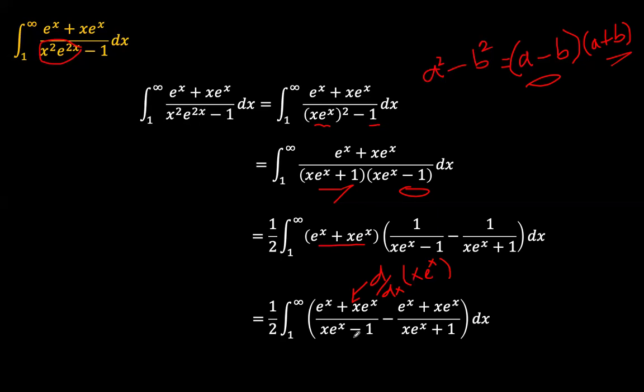But as we look at the denominator, we see that there's a difference here. There's a minus 1, and this is a constant. So this is the same as the derivative of x e to the power x minus 1. Same thing. And the same thing on this side, this is the same as the derivative of x times e to the power x plus 1.